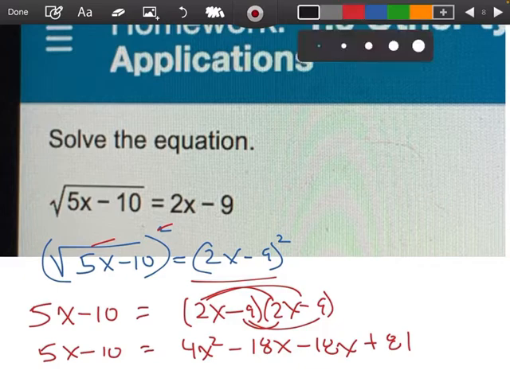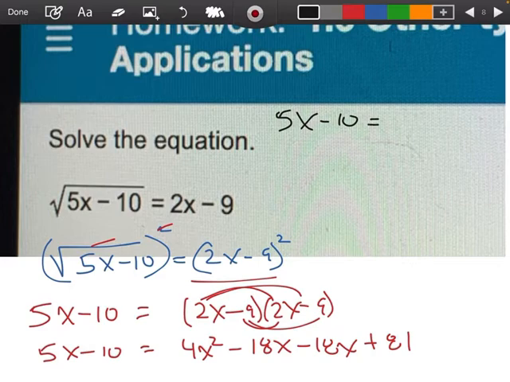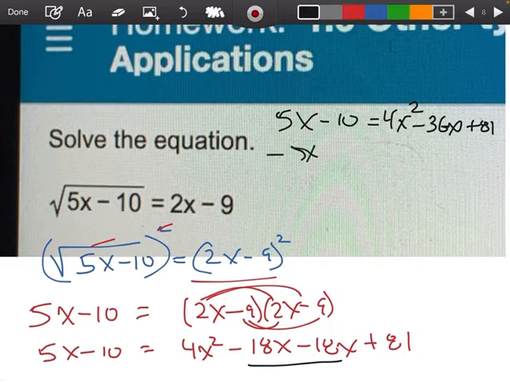Okay. So now I'm going to be left with 5x minus 10 equals 4x squared. Now, negative 18 and negative 18 give me a minus 36x and a plus 81. And now we're going to go ahead and minus 5x here and add 10, and minus 5x here and add 10.